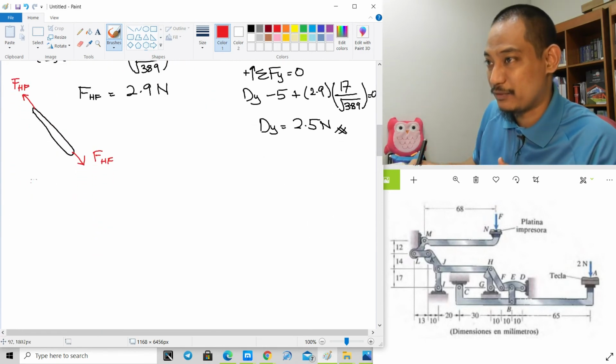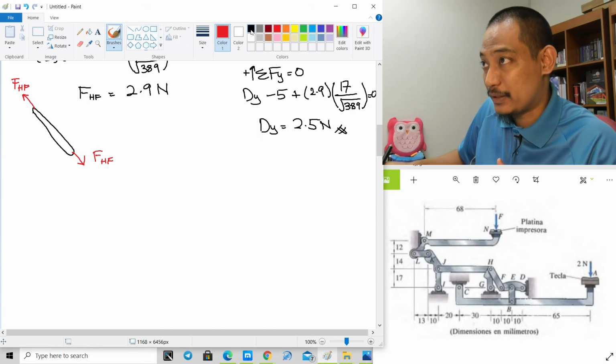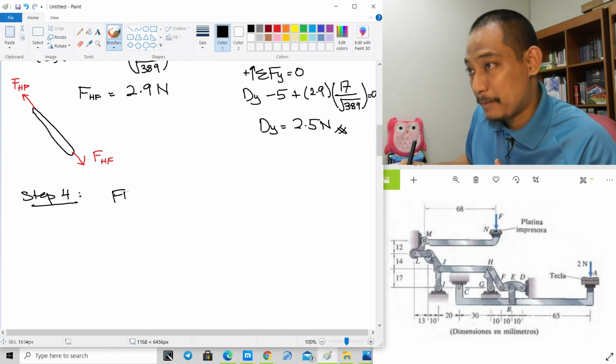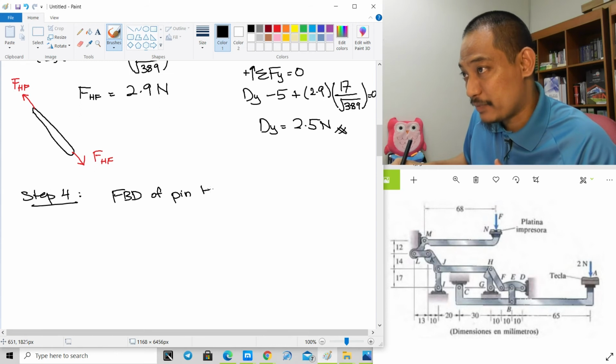This is already step 4, the free body diagram of pin H.